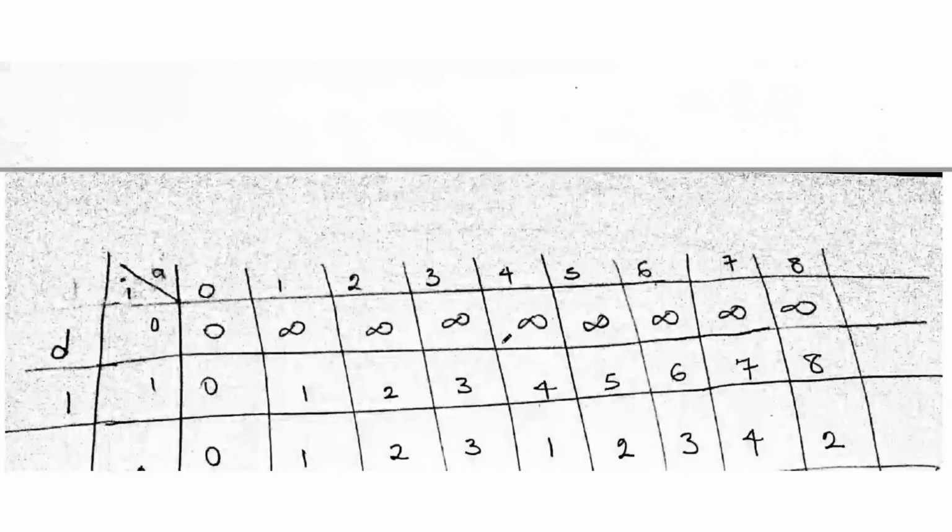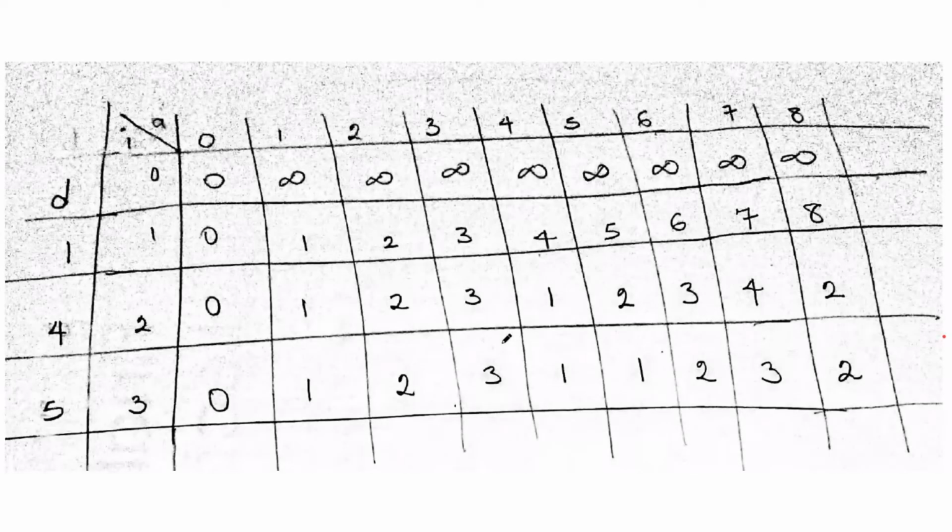So we take another example. In this example, the denominations that we have are 1, 4, and 5. We have 1, 4, and 5. If you want to use it in currencies, you can say 1 cent, 4 cent, 5 cent.